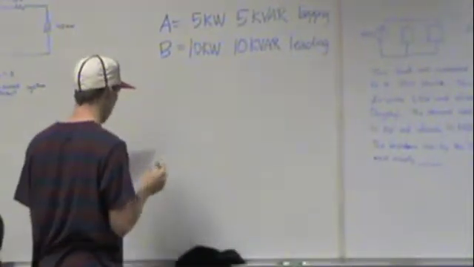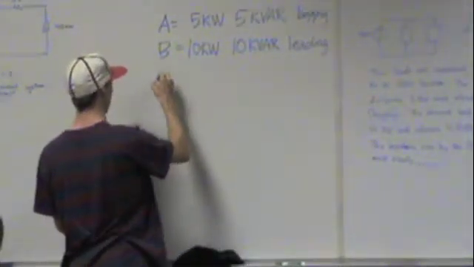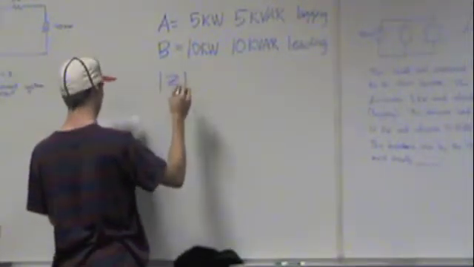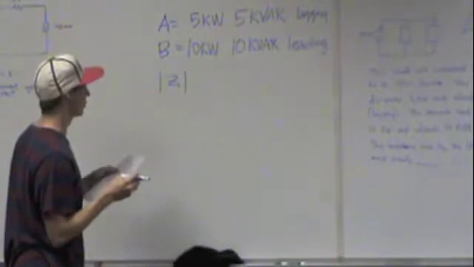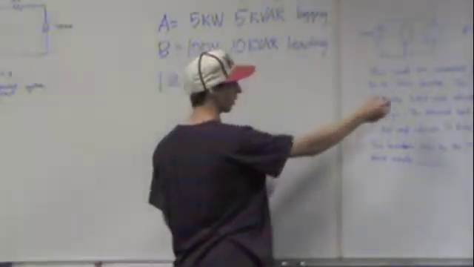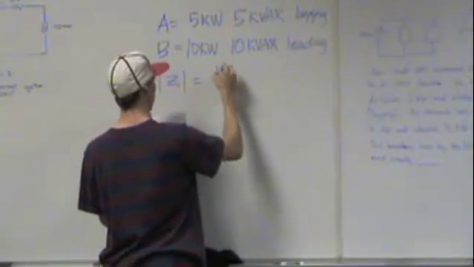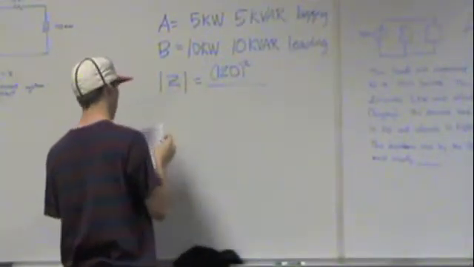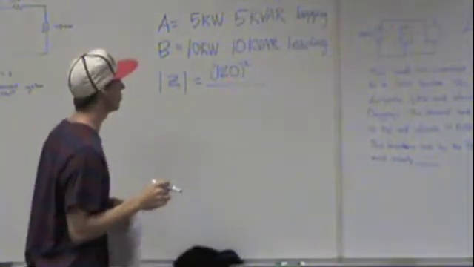So to solve for the impedance, we're going to do Z1 and Z2 and then combine them. So impedance of the first part, we need to take into account the 120 volts from the source, and that's going to be squared. And then you divide that by the magnitude.